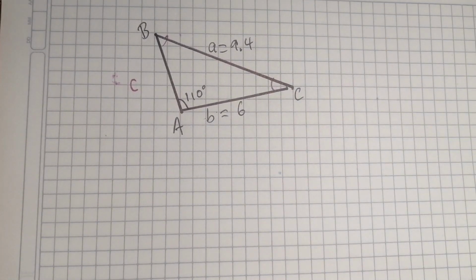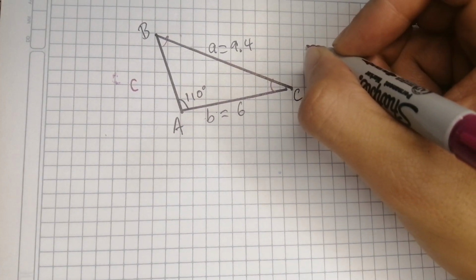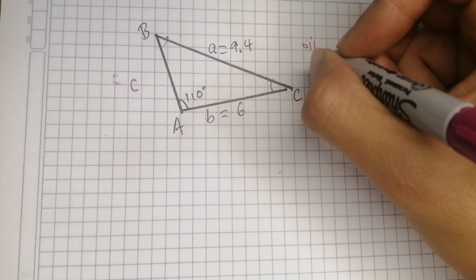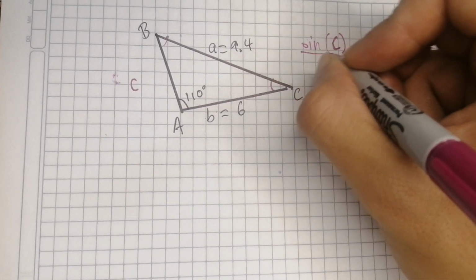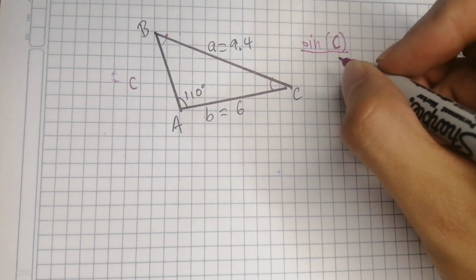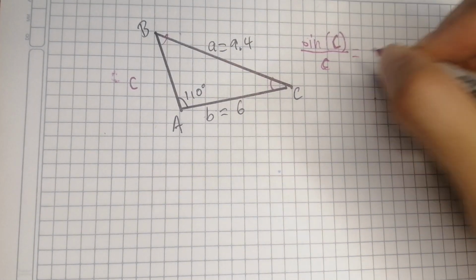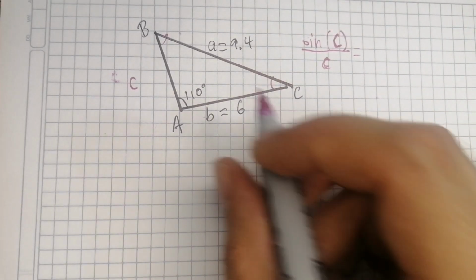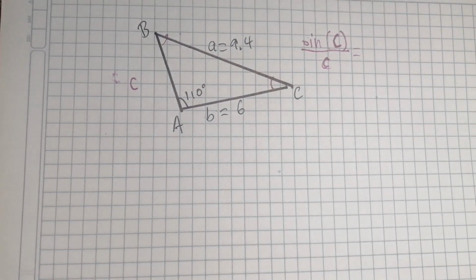We know that the sine of uppercase C divided by the lowercase c is equal to the sine of the angle A divided by the side a.